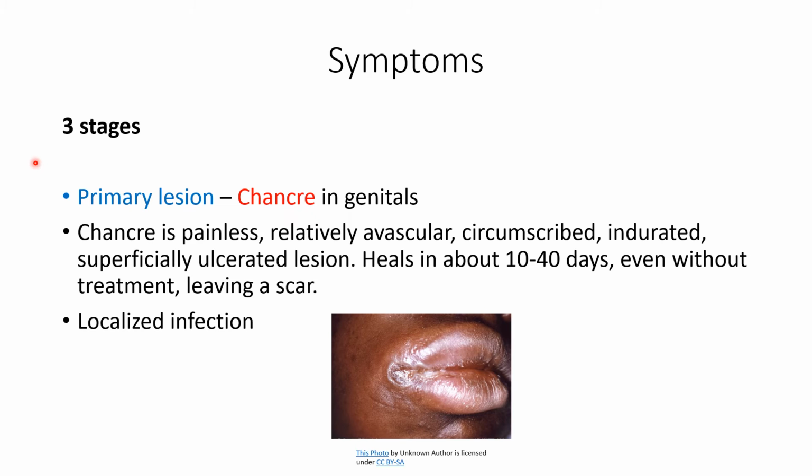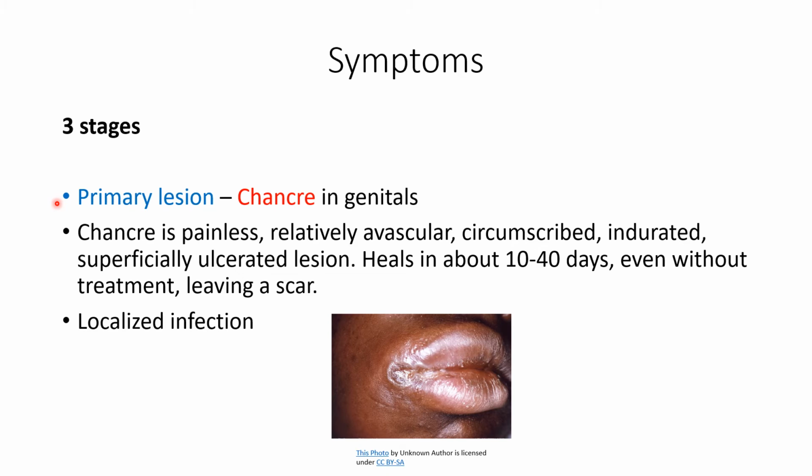The symptoms can be divided into 3 stages depending on the severity. In the early phase or in the first stage, what you will be seeing is only a lesion. It looks like a wound. Wherever it has entered and wherever it has multiplied, in that area you will just see a lesion, a wound.